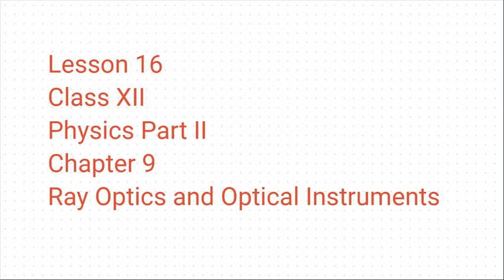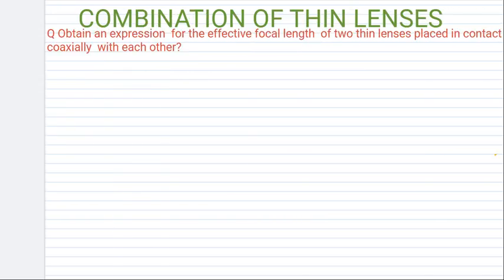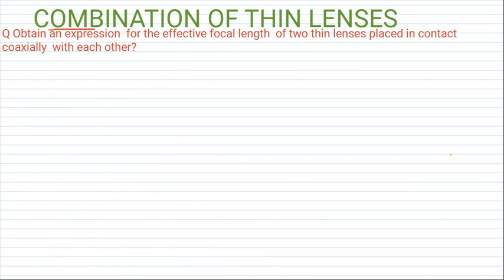Now, in this lesson, we'll discuss combination of thin lenses. Suppose you are given one lens, two lenses, or more than two lenses.